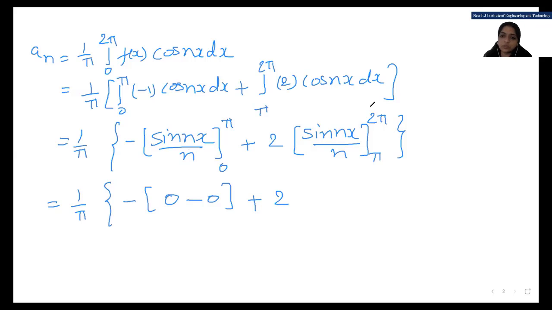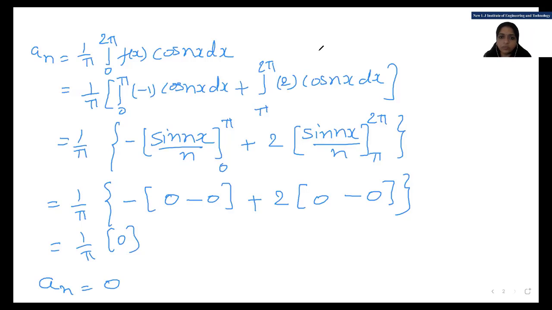If we substitute 2 pi, then sin 2n pi is again 0, so 0 upon n is 0, and sin n pi is also 0. So all the values are 0. So 1 by pi into 0 is 0. So the value of an is 0 here.